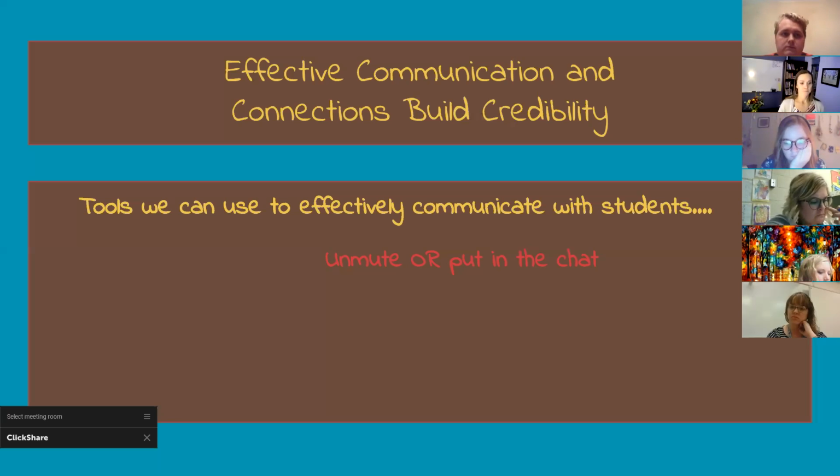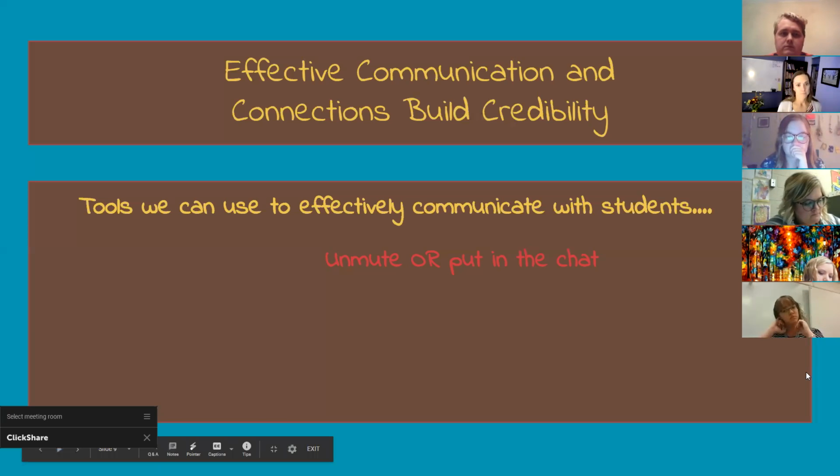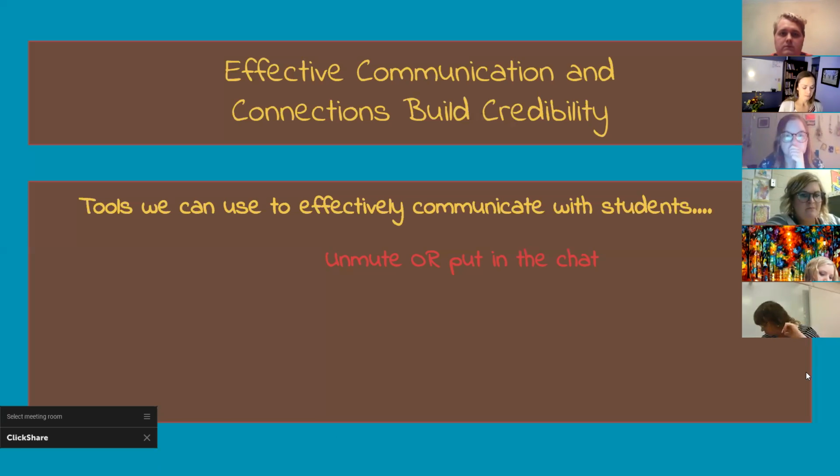And as Nicole shared earlier about reaching out to parents, how much of that communication is positive. The fact that you're making an effort to share something positive makes that connection a lot stronger.